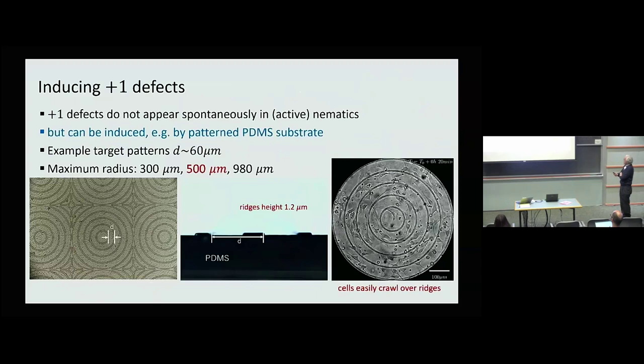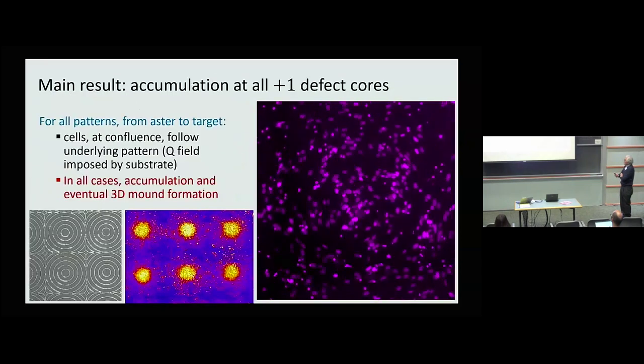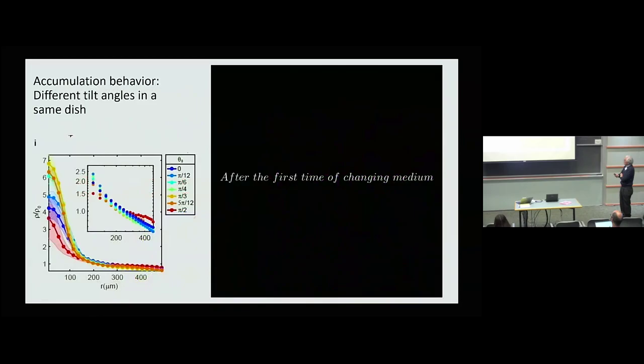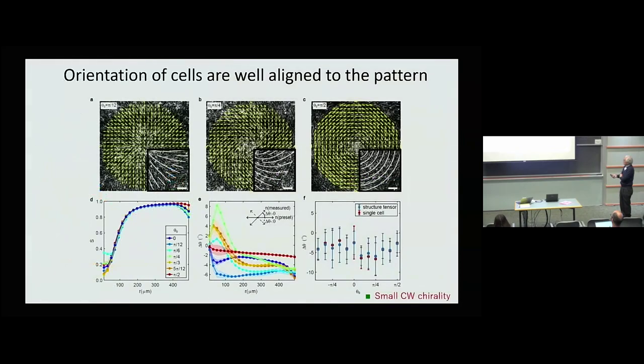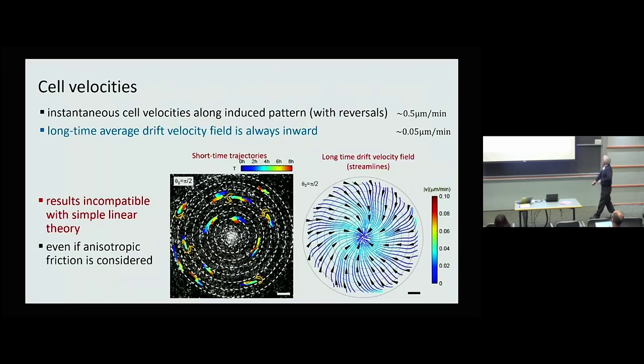Okay, and then we found some small clockwise chirality between the background pattern and the measured orientation of the cells. The difference is about -5 degrees. And what about the cell velocity? Cells move back and forth along the elongated direction.